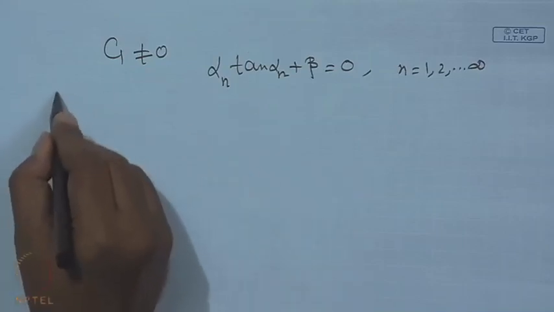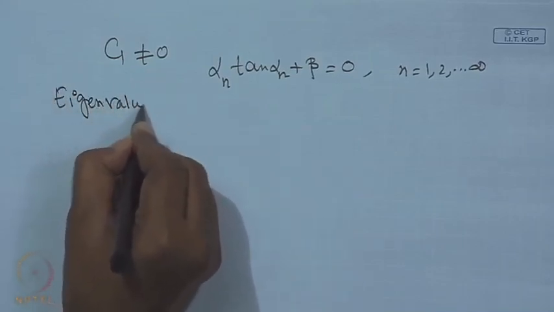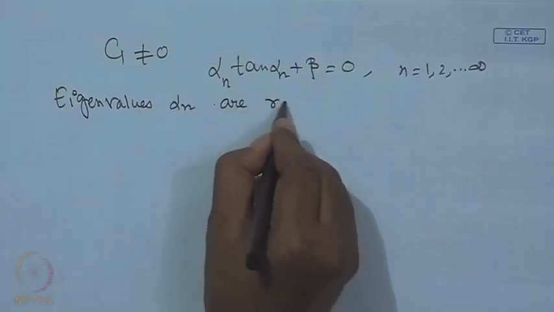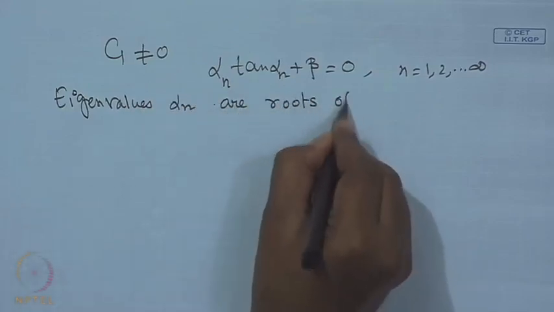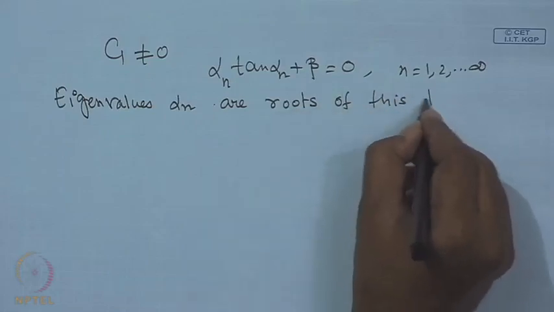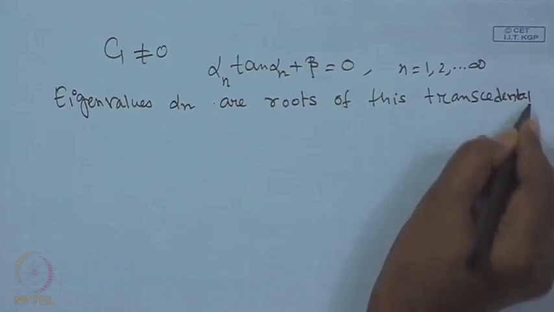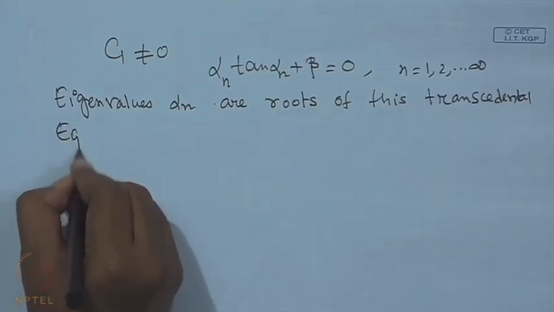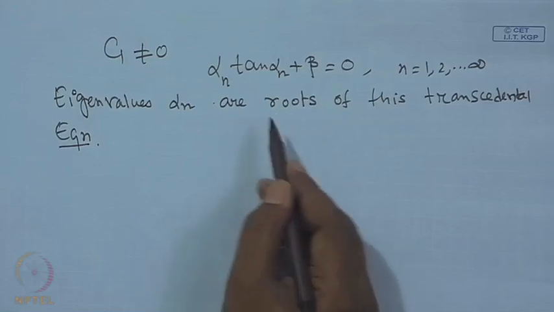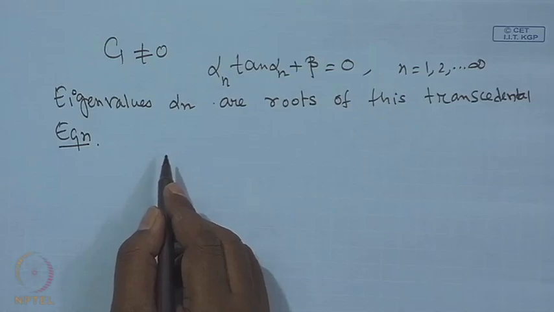So, eigenvalues alpha n are roots or zeros of this transcendental equation. These roots can be evaluated numerically and one can get those values. So, corresponding eigenfunctions are sine functions.